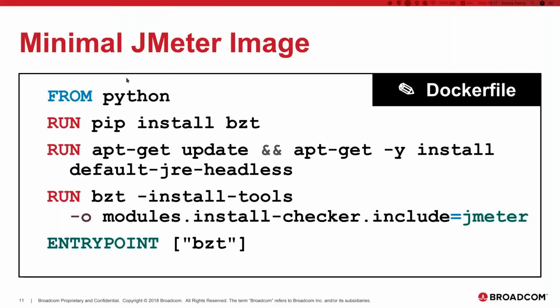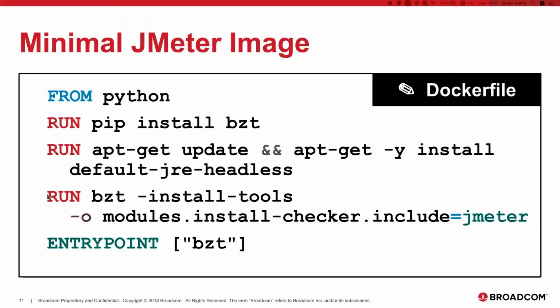Because the Python Docker image that we use as our base operating system image is in turn built on top of the Debian operating system, and these are the commands to install things in Debian. So after running this command, we will have functional Java inside our Docker image.